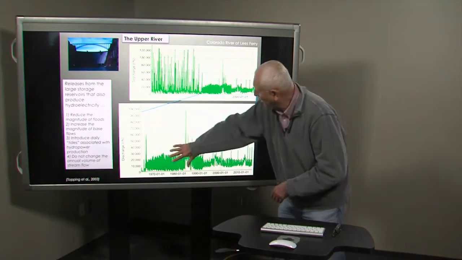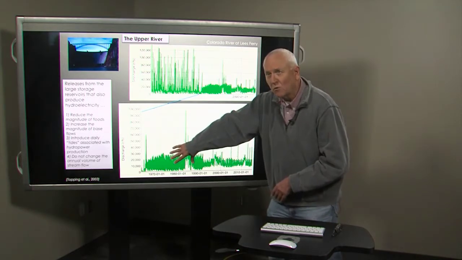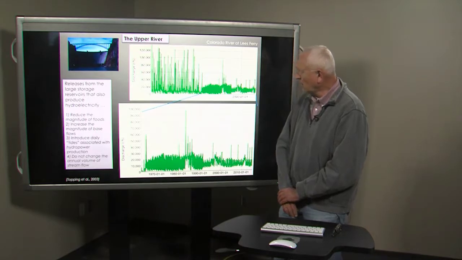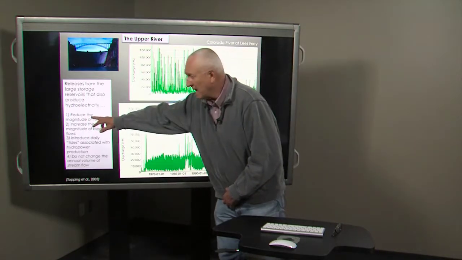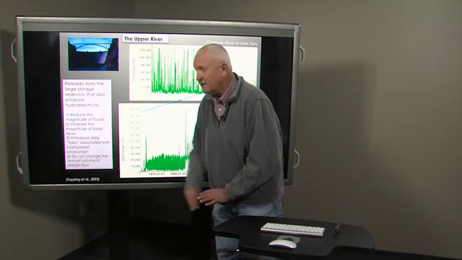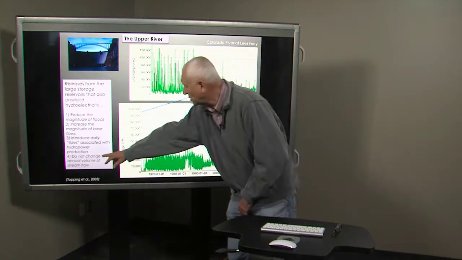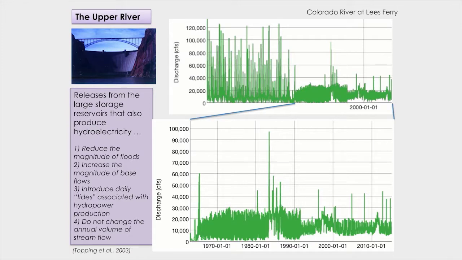So this is a blow up of the flow regime of the post-Glen Canyon Dam Colorado River. Reduced magnitude of floods, increased base flows, tides associated with hydropower production, no change in annual volume.